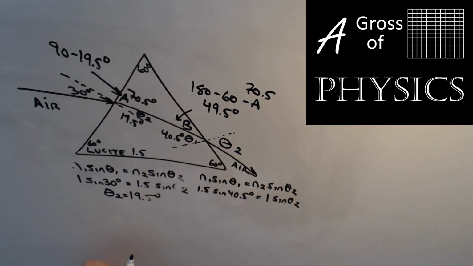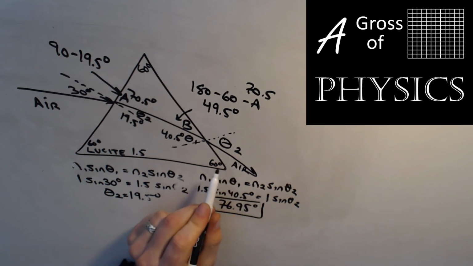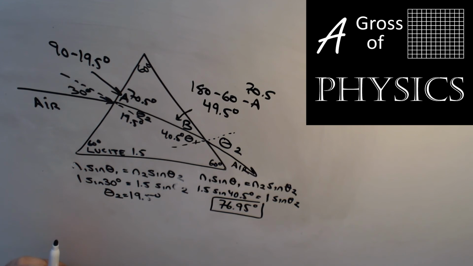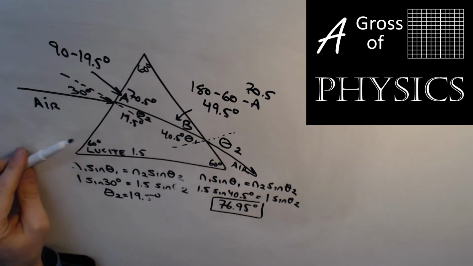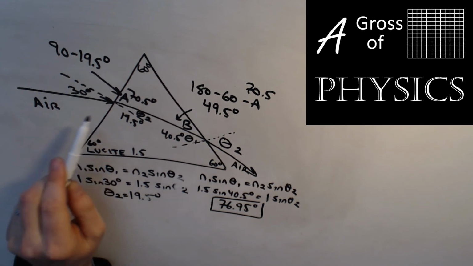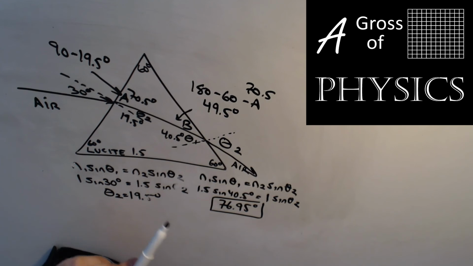All right, now we just have to mop up. 1.5 times the sine of 40.5, second sine, second answer, and we get 76.95 degrees. So this final angle is going to be 76.95. Pretty big. If this angle were any bigger, like it was in that demo I showed a number of days ago, it would actually hit here and then bounce back. It would be totally internally reflected if we exceeded the critical angle.